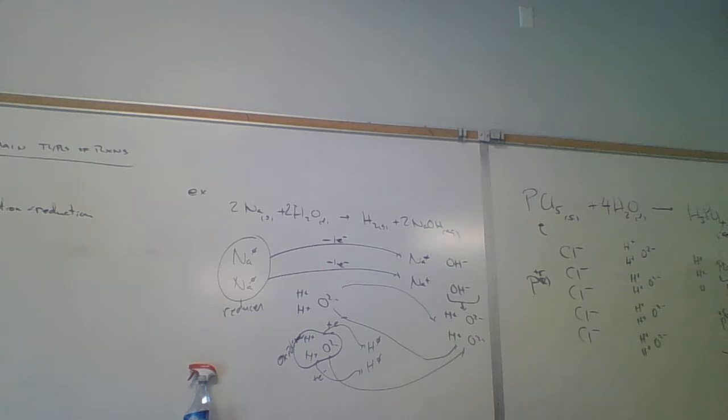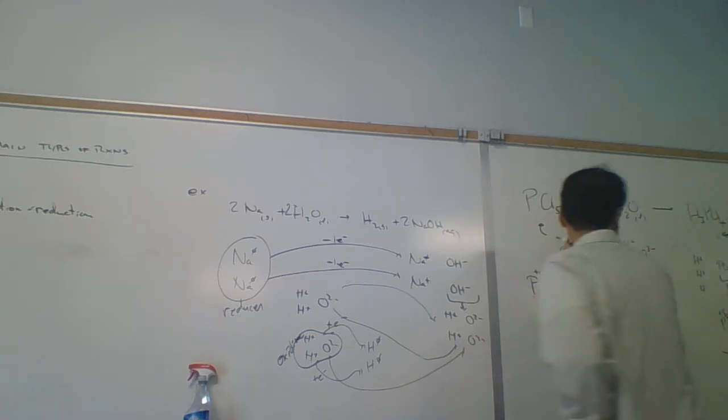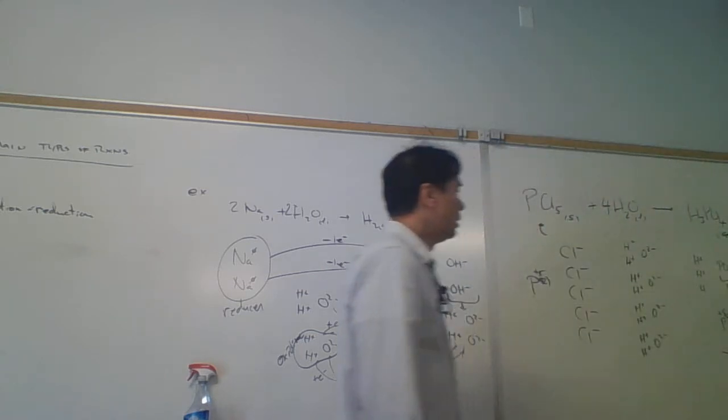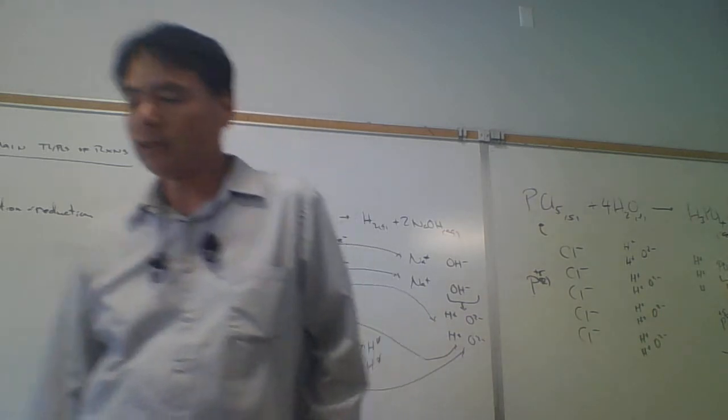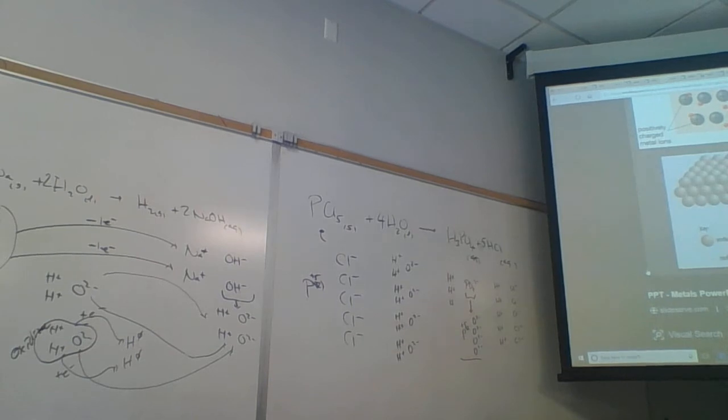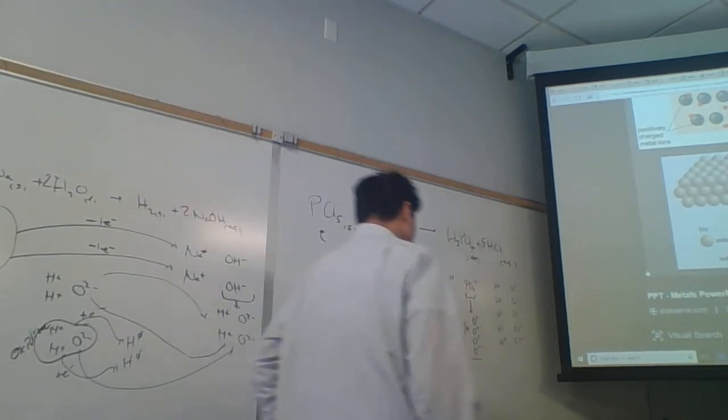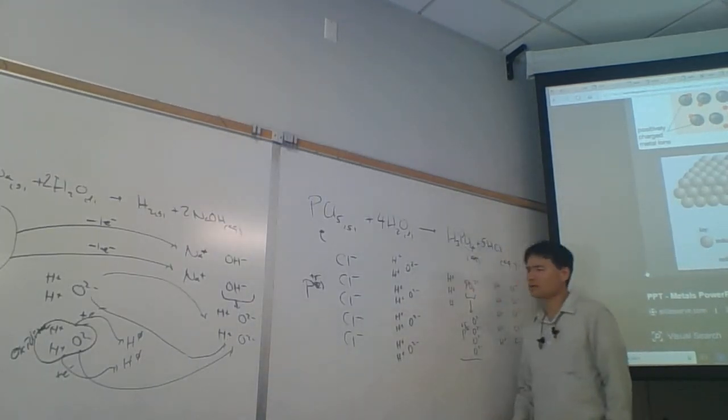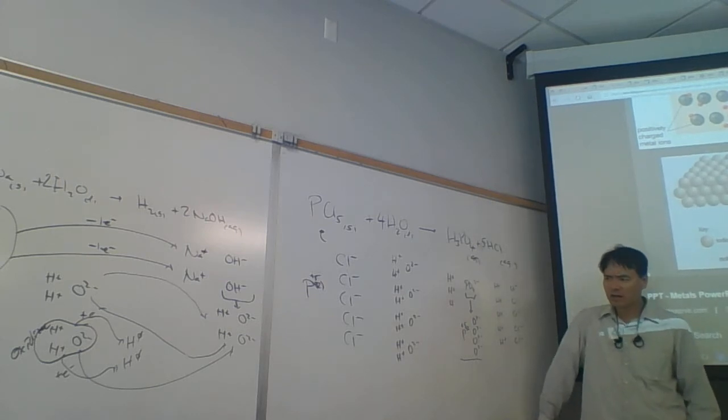Now, the reason we break it down like this is to see what's happening with the charges and what's happening with the electrons. In a redox reaction, electrons are gained or lost. For example, the oxidizer, do oxidizers take electrons or do oxidizers give up electrons? Take.